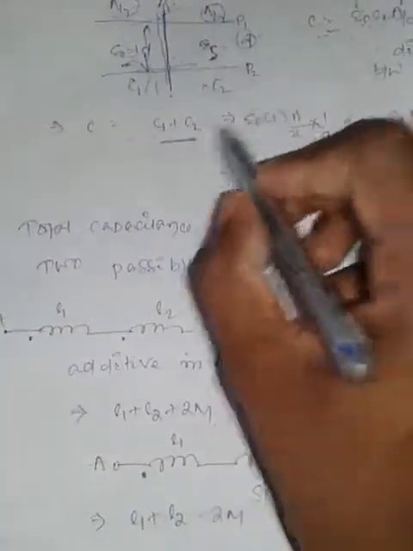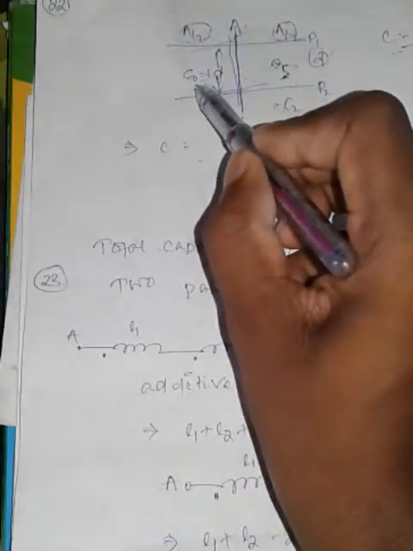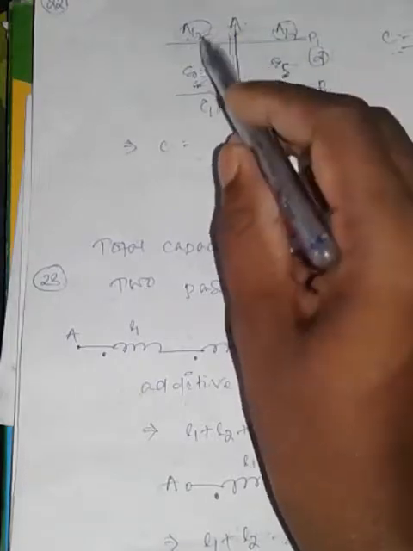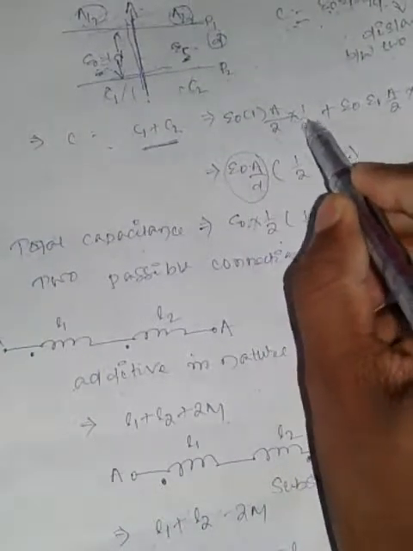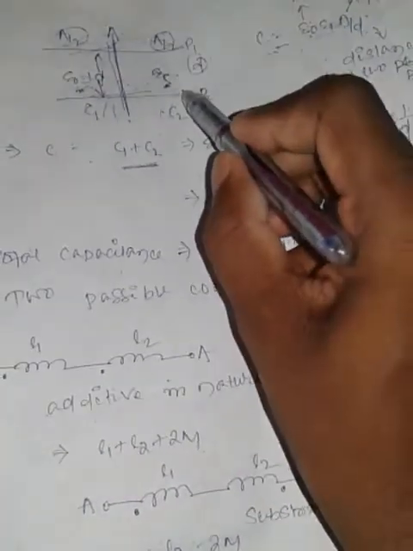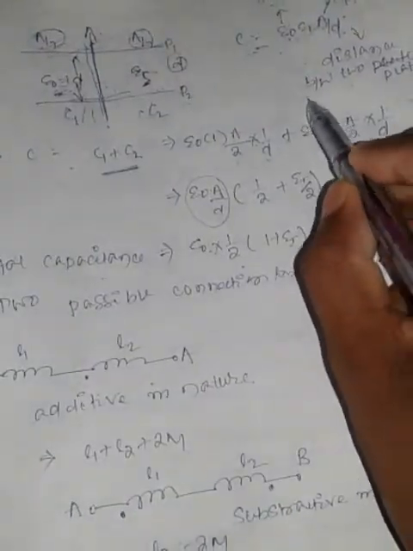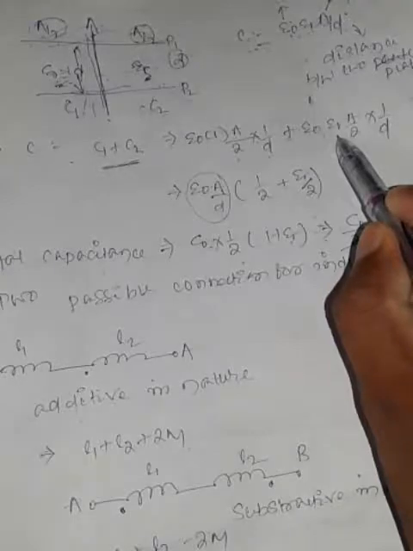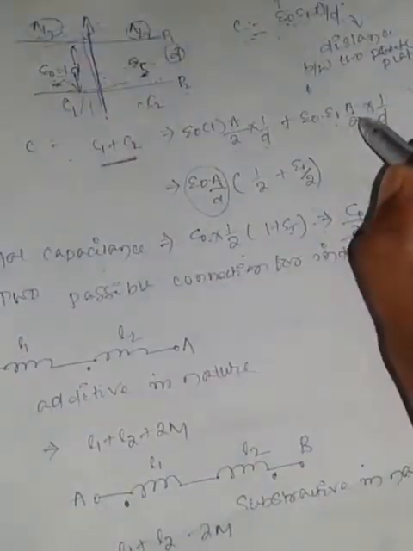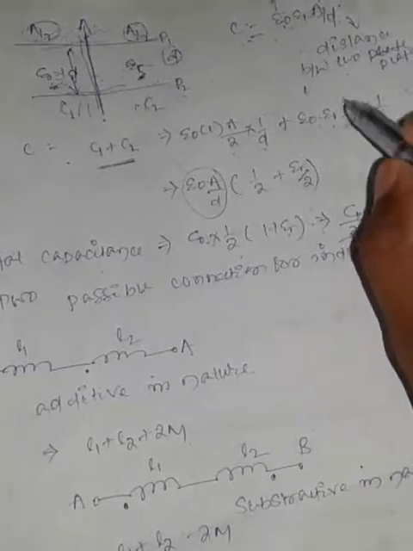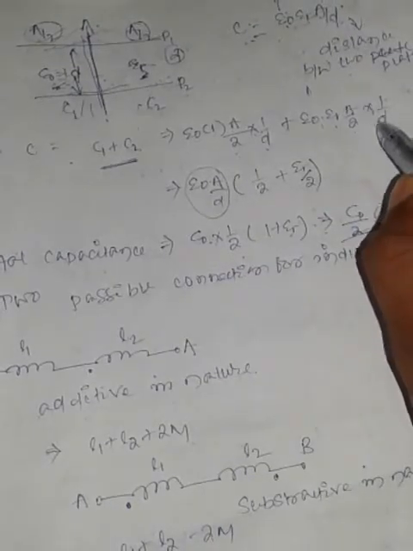First, calculate C1 from this figure: epsilon naught, with epsilon 1, A by 2, into 1 by D, plus for the second one, epsilon naught epsilon R, A by 2, because the area is divided by 2, into 1 by D.